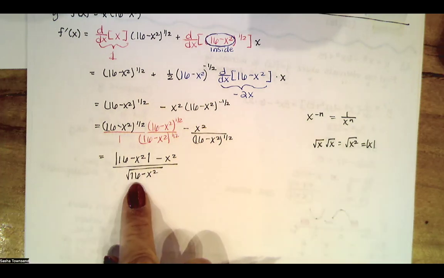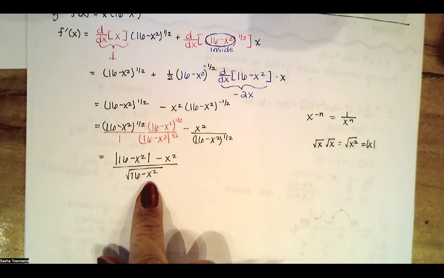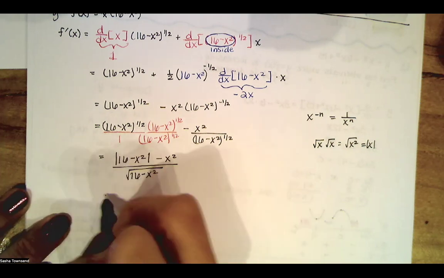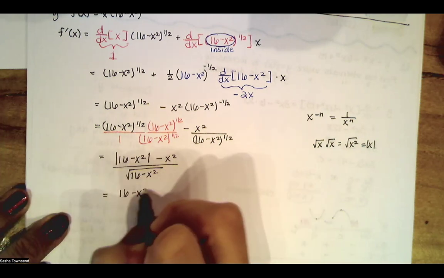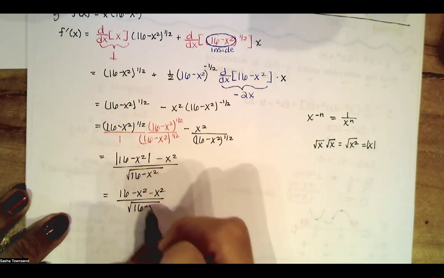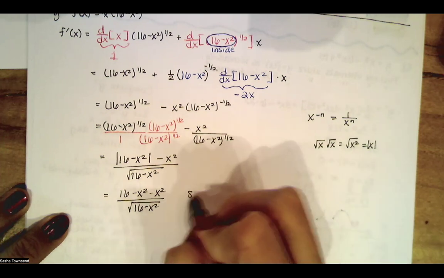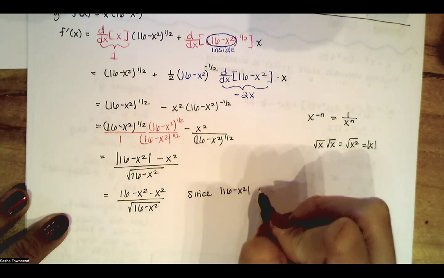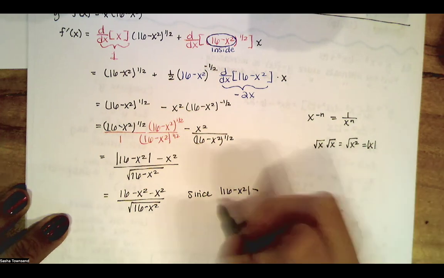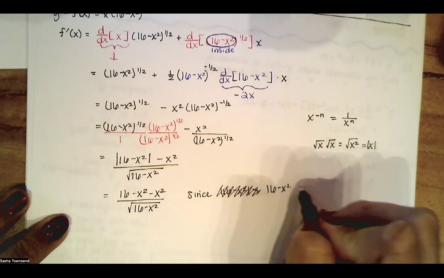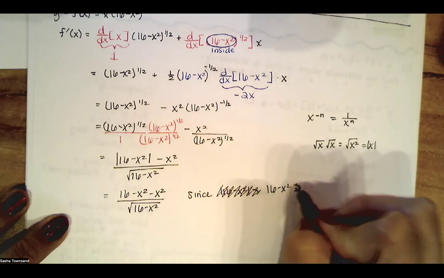Now, since we're taking the square root of 16 minus x squared, the domain is implied. We're assuming that 16 minus x squared is positive anyway. So we'll say this is equal to 16 minus x squared, all divided by the square root of 16 minus x squared. Since 16 minus x squared is positive, or well, it's strictly positive.